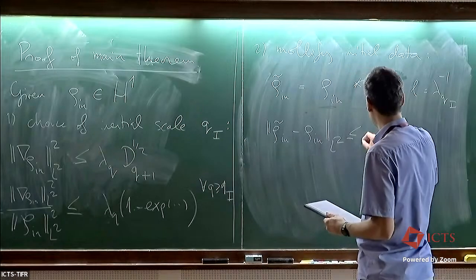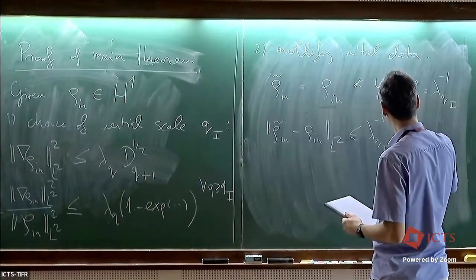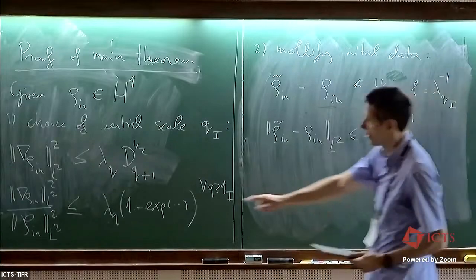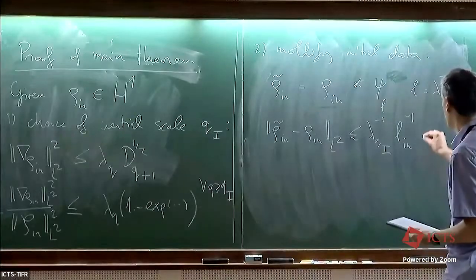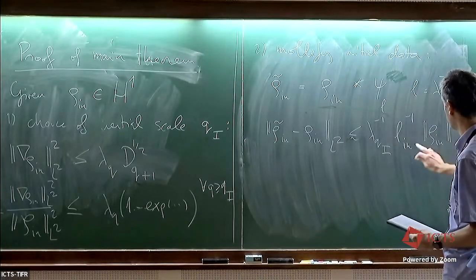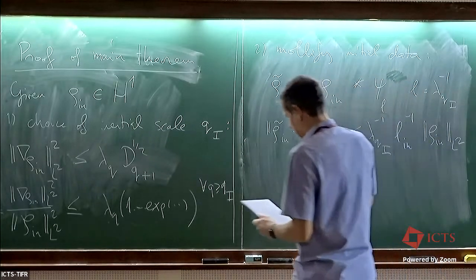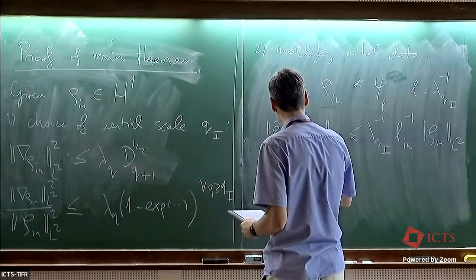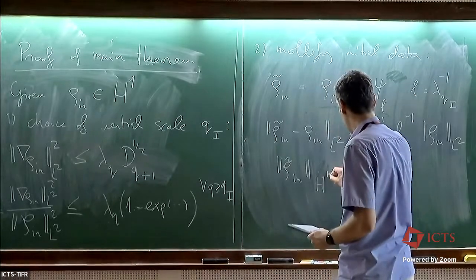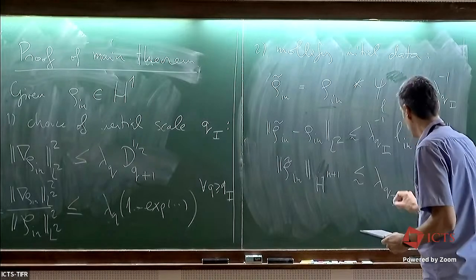This is less than, up to constant, this qi to the minus 1, the length scale of the initial data, which is here, to the minus 1 times the L2 norm. You see, in principle, I should put the H1 norm, but now I can play with this guy. So it's L2. And higher derivatives, hn plus 1, will be bounded by powers of the lambda qi.